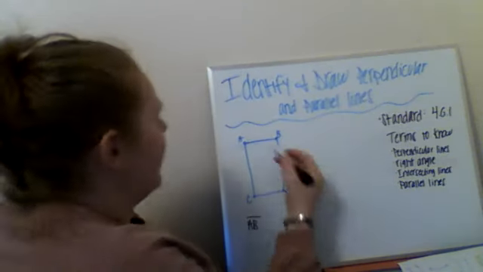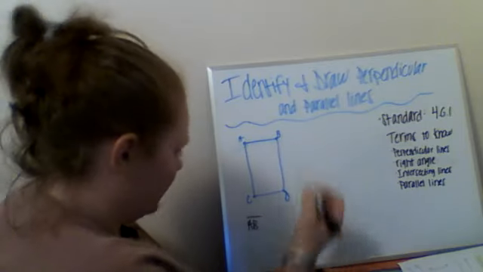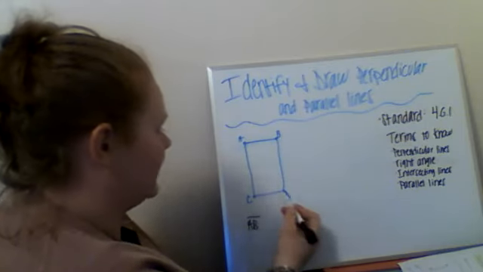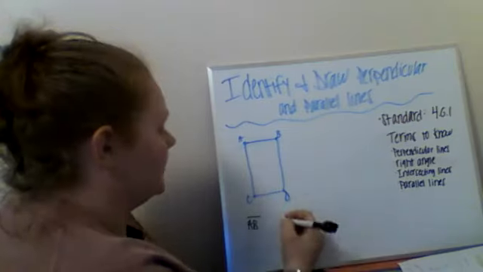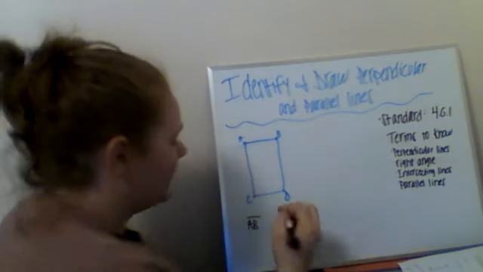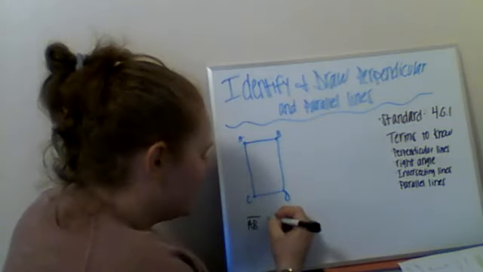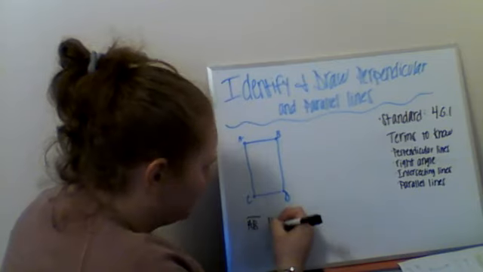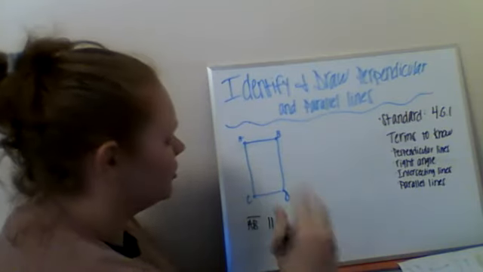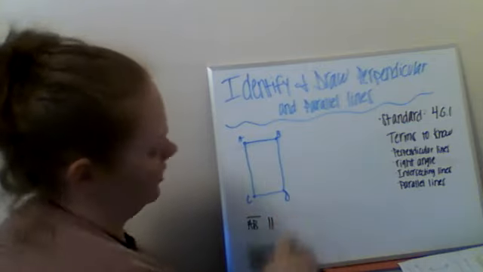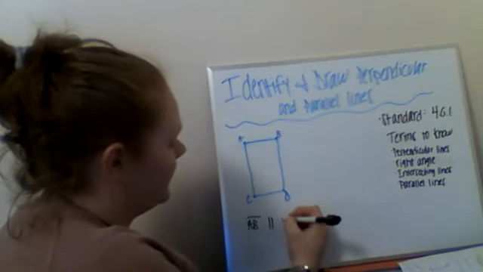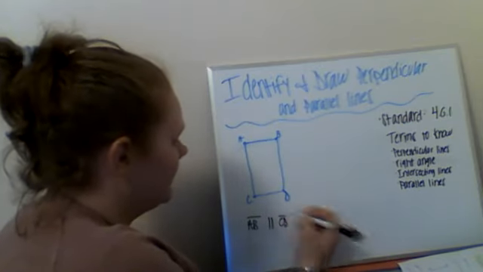So if I look at AB right here, I notice that CD is going to be parallel to them. All right? So I'm going to put my parallel symbol, and my parallel line symbol is just two vertical lines. Okay? So it's just two lines going up and down that represent the parallel symbol. Okay? And then I'm going to put line segment CD.